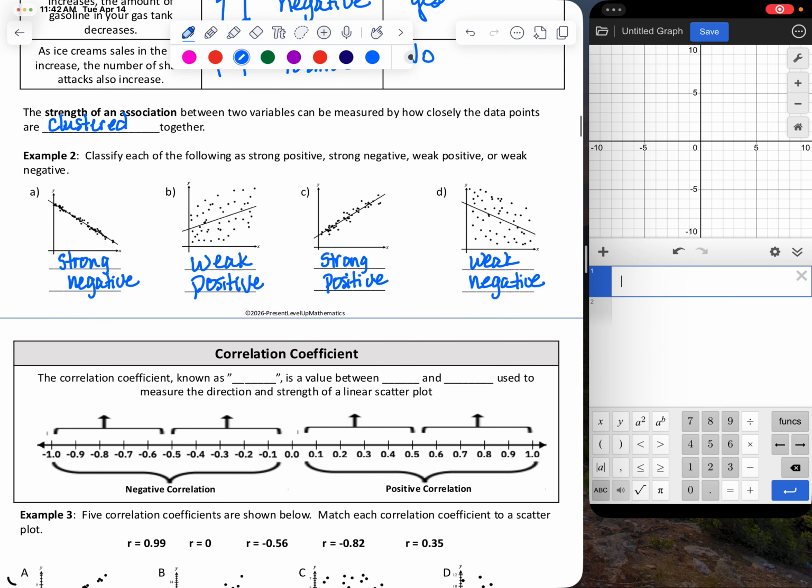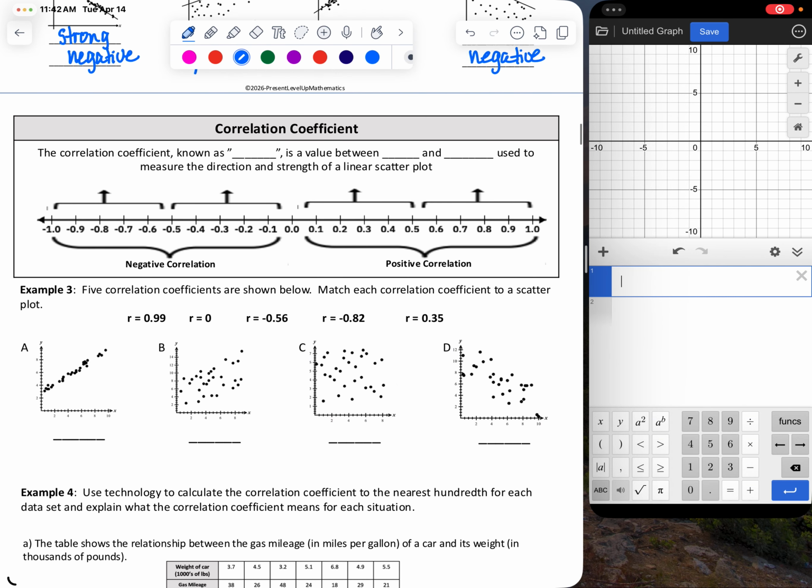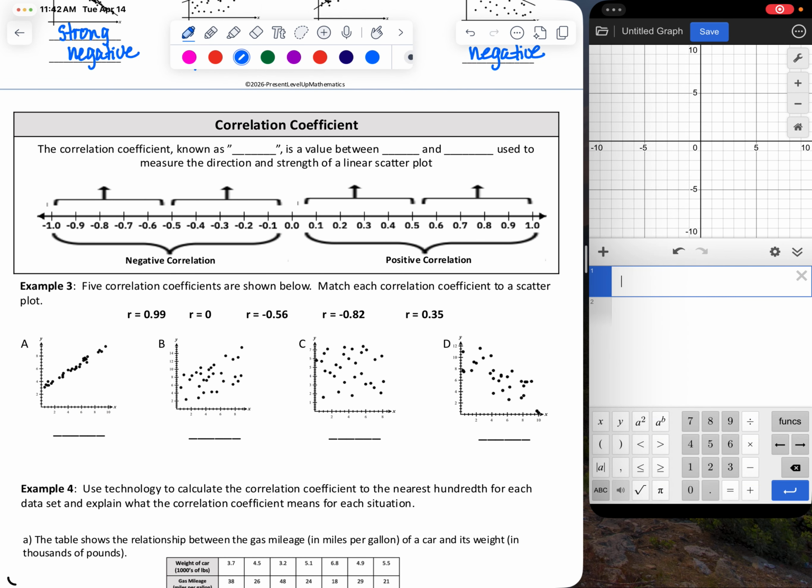All right. So when we're dealing with statistics, we have something called a correlation coefficient, and we use the symbol R to denote it. The correlation coefficient is a value between -1 and +1, and it's used to measure the direction and strength of a linear scatter plot.